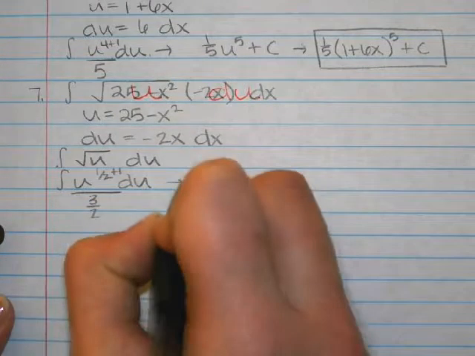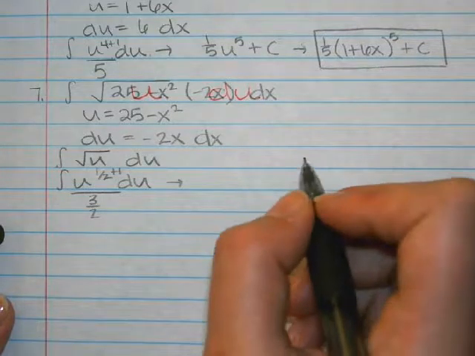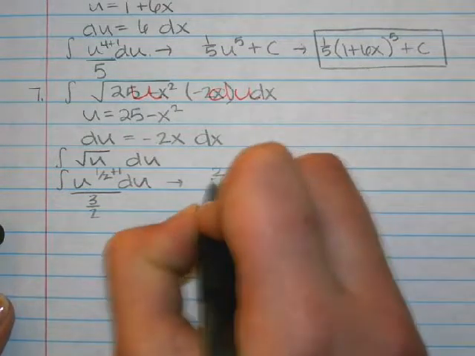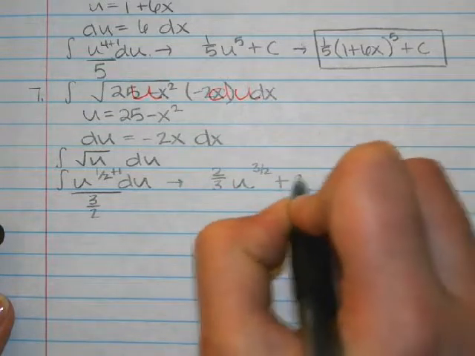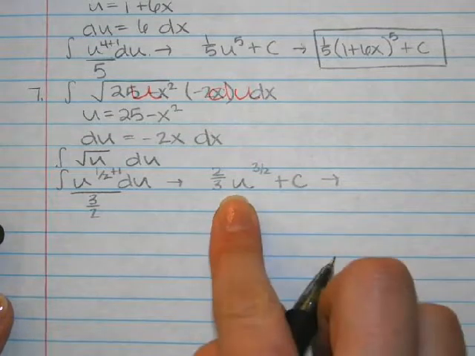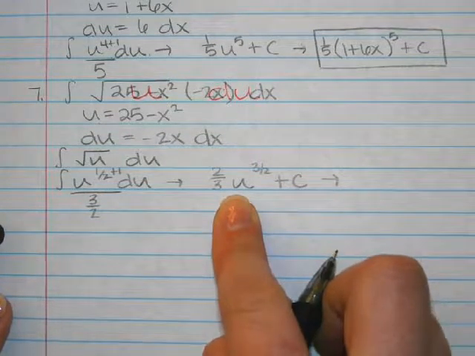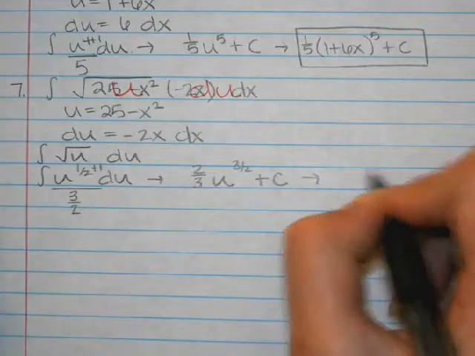And now we can integrate. All right, so now what do I have? u to the 3 halves plus c. So I've simplified it, and now I can plug the u in, and then I'll be finished.